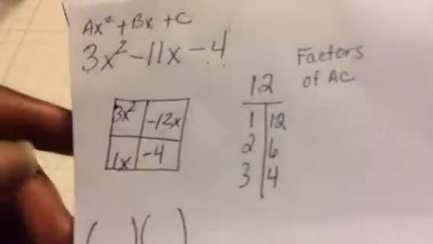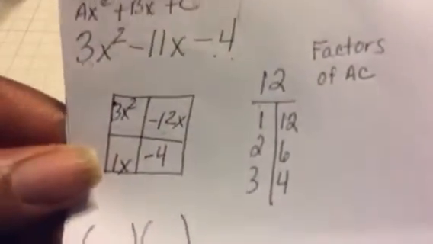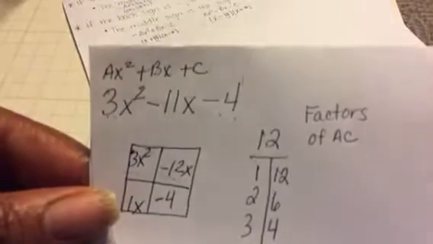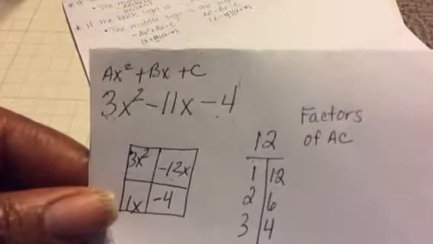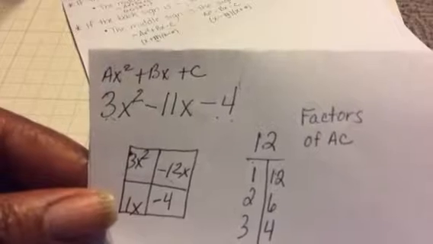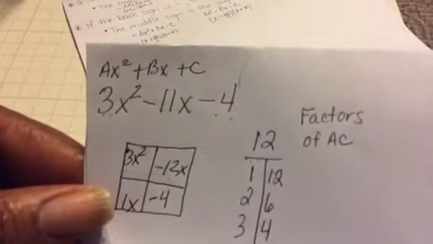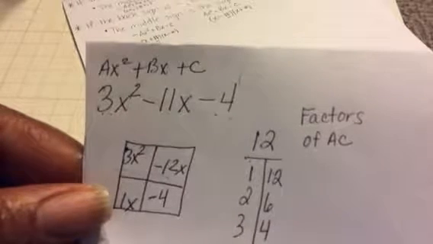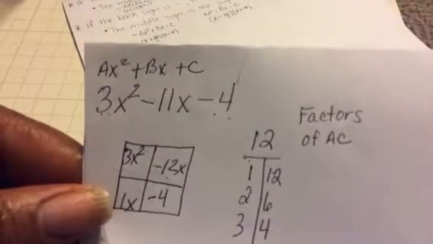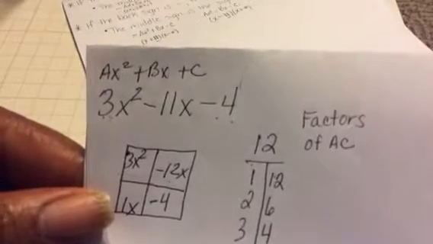So let's do this first. Let me pull this up so you can see. I want to know the greatest common factor between 3 and 12, and then x squared and x.